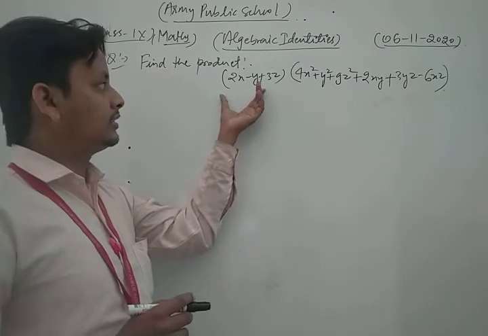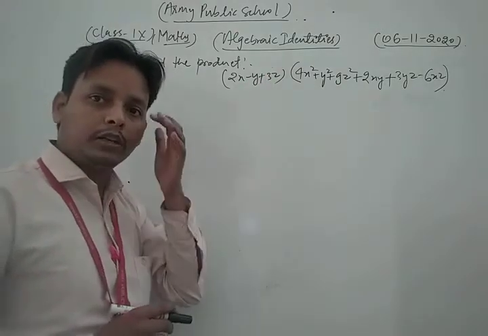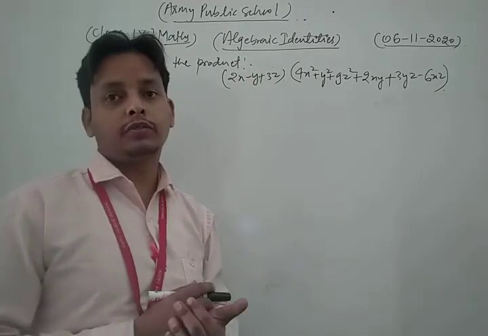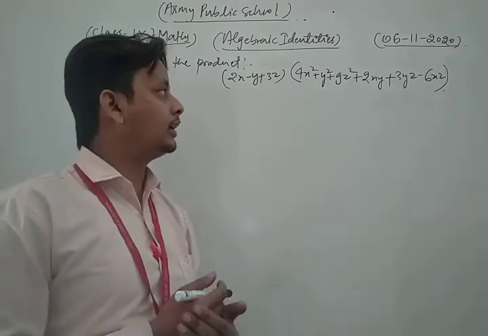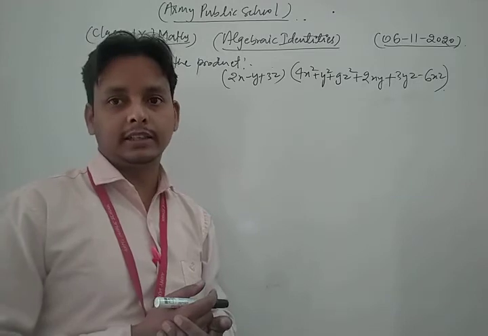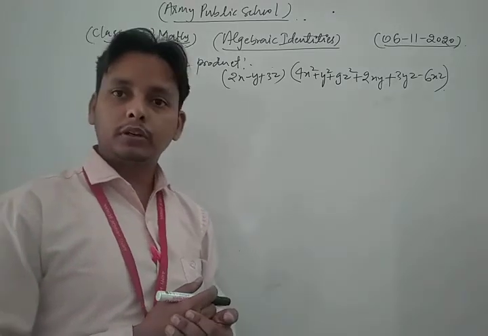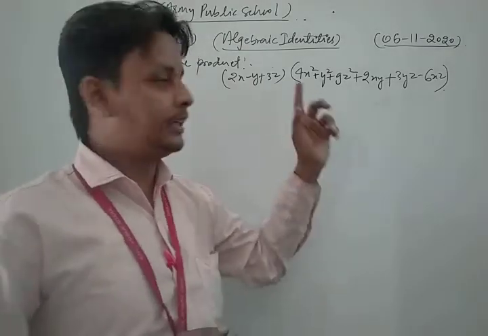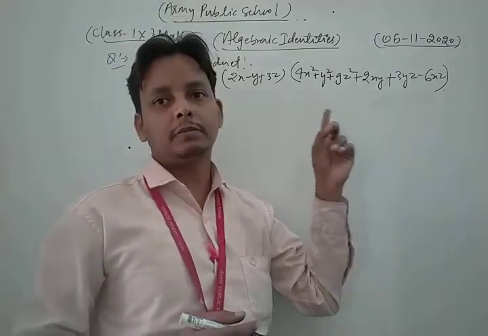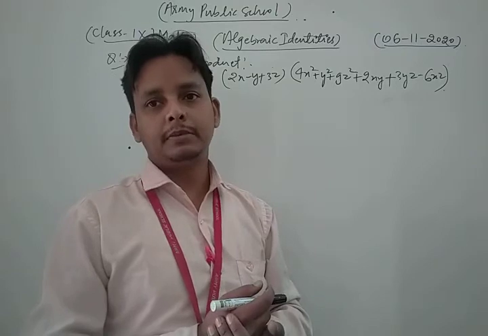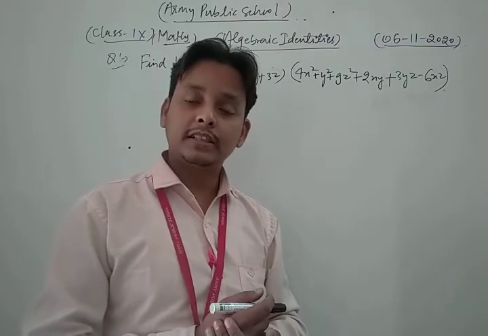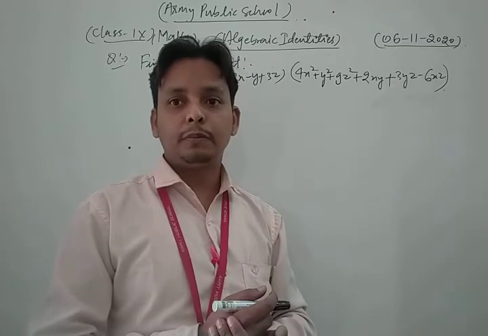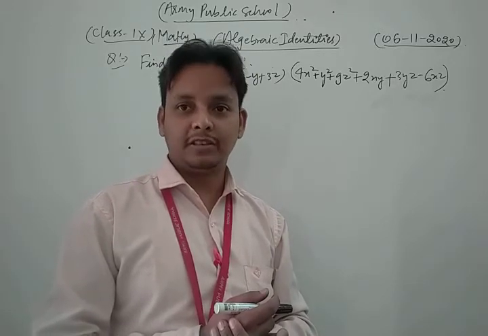First of all you observe the question, which form it is in, and which identity the question is based on. You know that one important algebraic identity has the form a plus b plus c in one bracket, and in another bracket a square plus b square plus c square minus ab minus bc minus ca. So that question is based on the identity a cube plus b cube plus c cube minus 3abc.